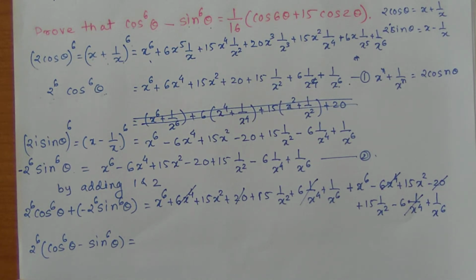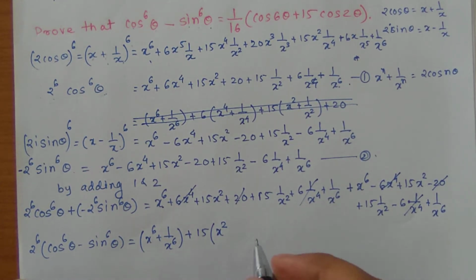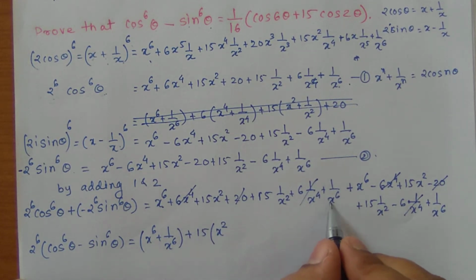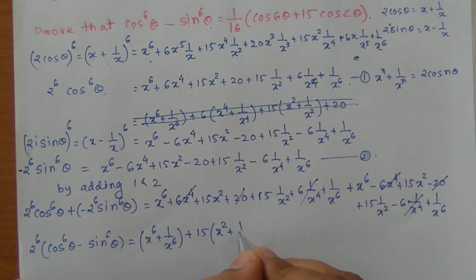Okay, now I am going to collect those terms together where the powers are the same. So x raised to 6, 1 upon x raised to 6, plus 15 into bracket x square plus 1 upon x square.